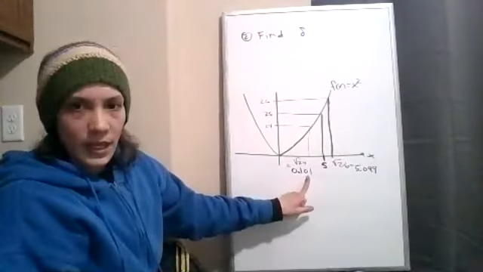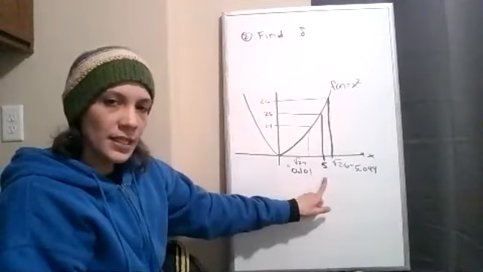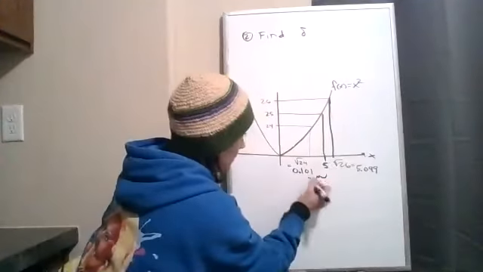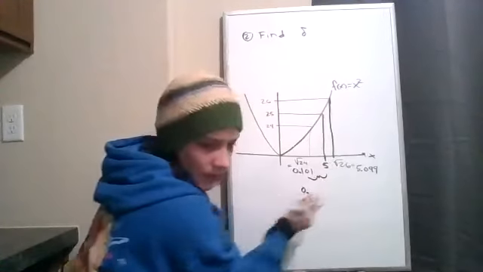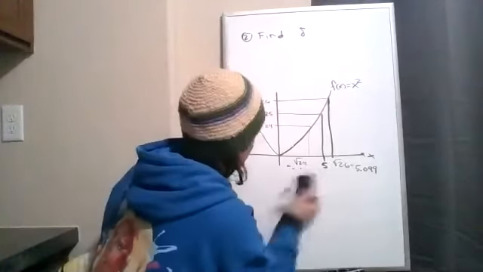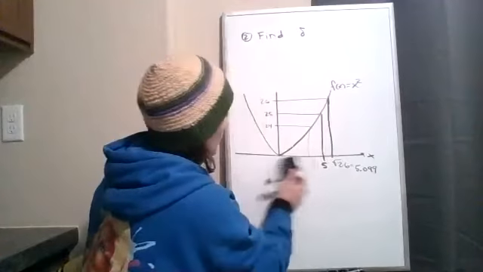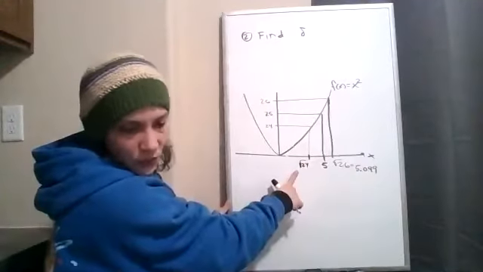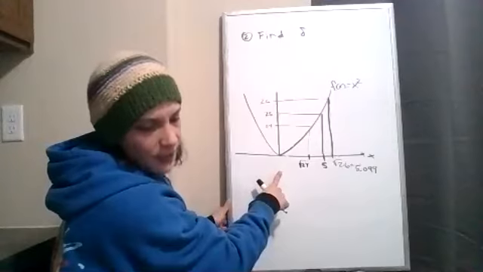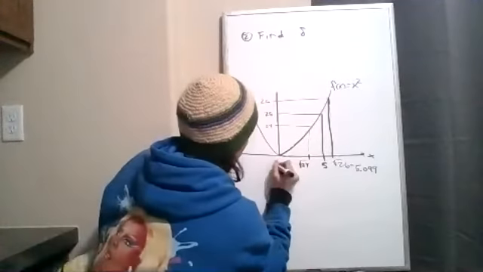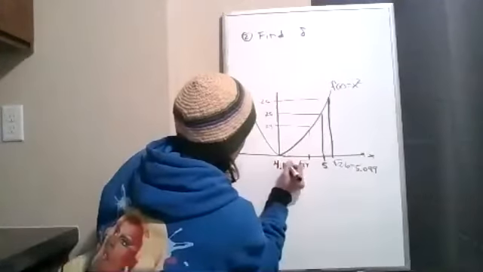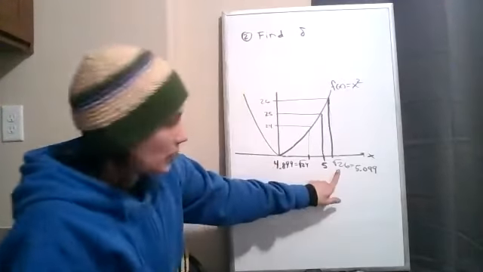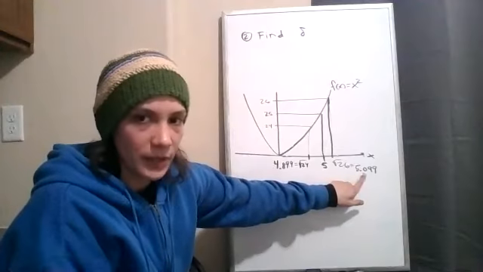So from here to here, the distance from root 24 to 5 is, oh, I'm sorry, that's the difference. Okay, sorry, that was the distance. Root 24 is the number 4.899. Root 26 was 5.099.